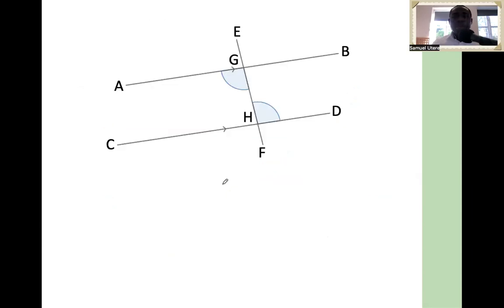Okay. When you look at this transversal that cuts through parallel line segments AB and CD, what do you think the angles A, G, H would be compared to B, H, D?